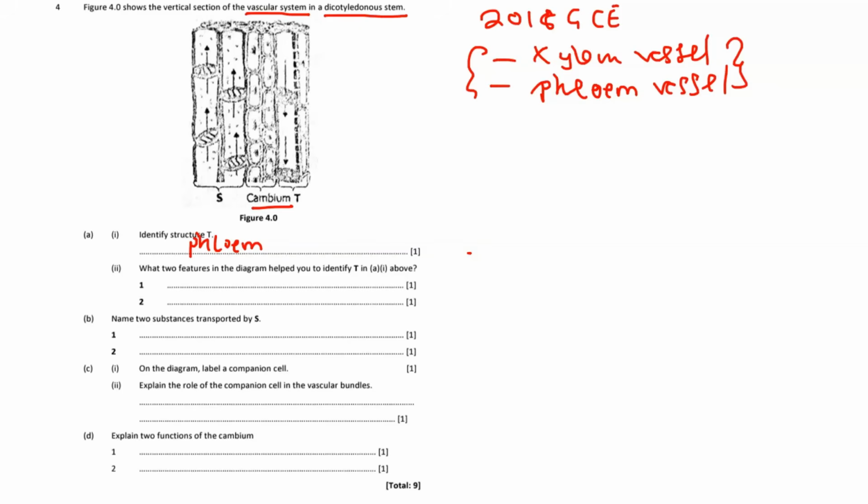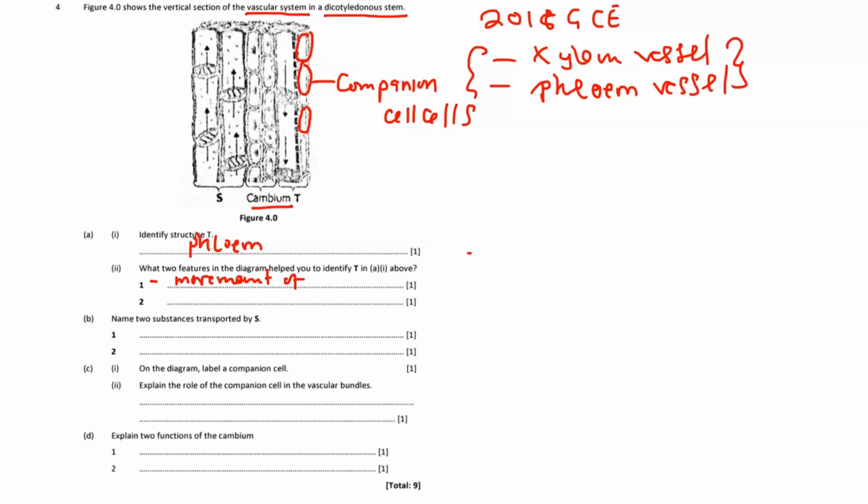Aside from substances moving downward, right here at the end of it, there are cells that you are not able to see. These are what you call companion cells. Okay? Now, what two structures or features in the diagram helped you to identify T as a phloem? We've identified it as phloem. What made us identify it as a phloem?